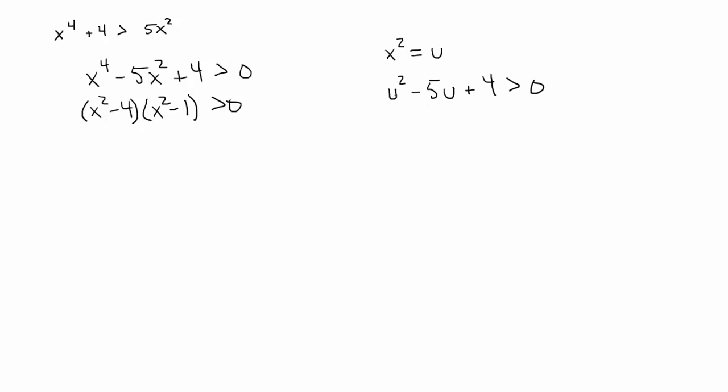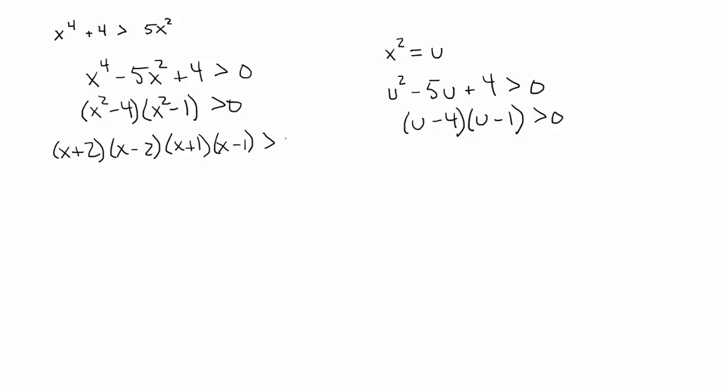And now it's a little easier to see that this is (u minus 4) times (u minus 1) is greater than 0. And then if we resubstitute u is equal to x squared, we get (x squared minus 4) and (x squared minus 1). And now each of these factors is also a difference of squares. So we can write this as (x plus 2)(x minus 2)(x plus 1)(x minus 1) is greater than 0.